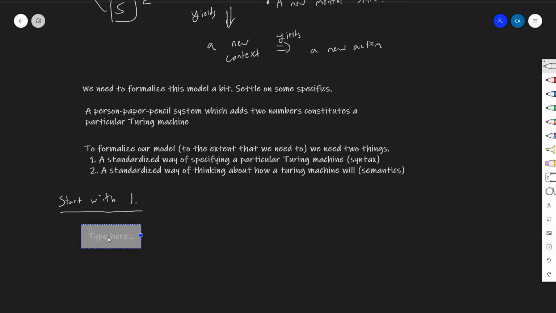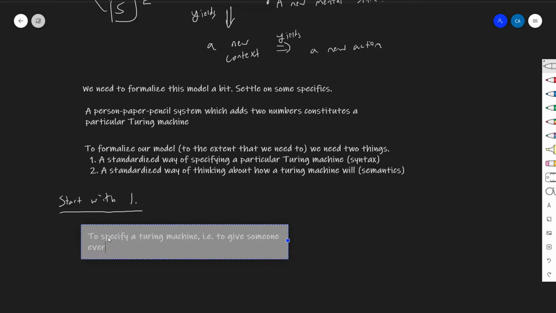So to specify a Turing machine, and again, remember when I say Turing machine I'm talking about a particular person, paper, pencil system, i.e., to give someone everything they'll need to have a full algorithm, a full system, we need to give them three things.